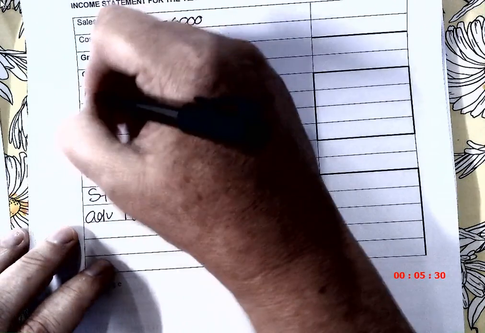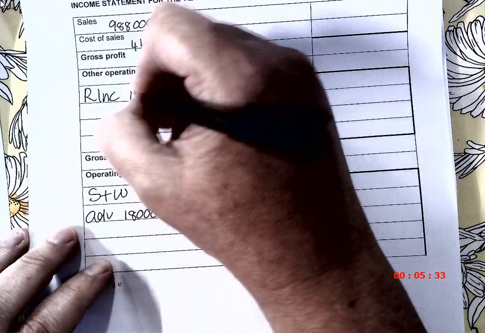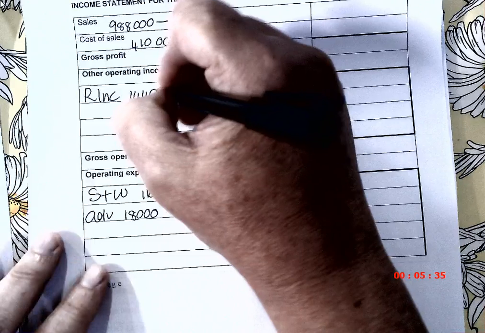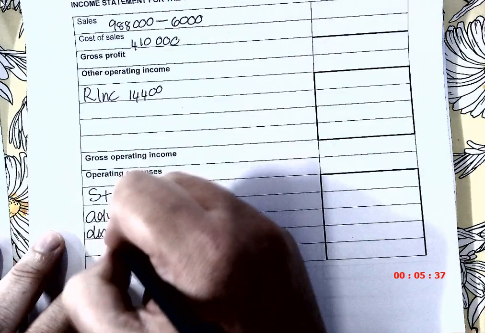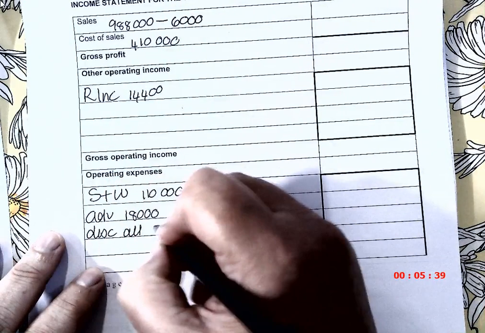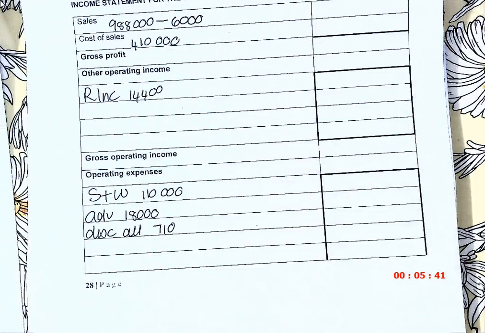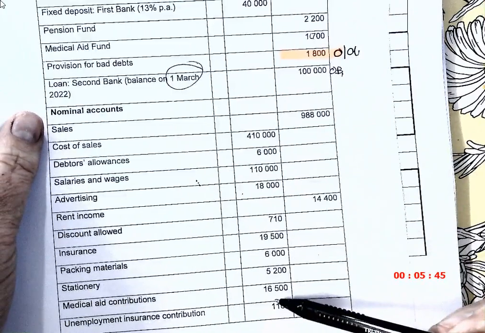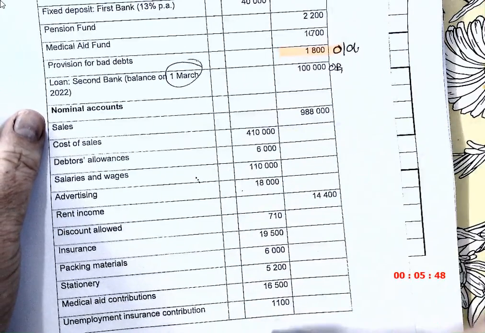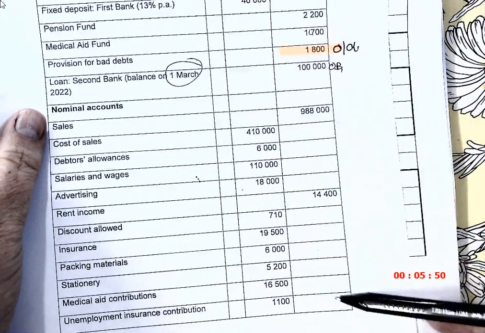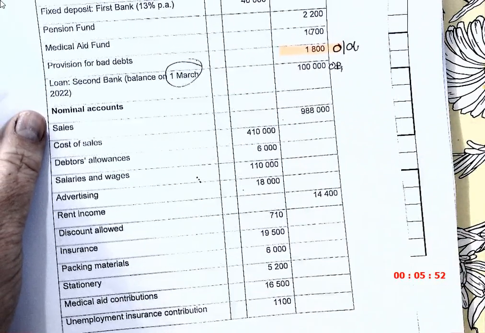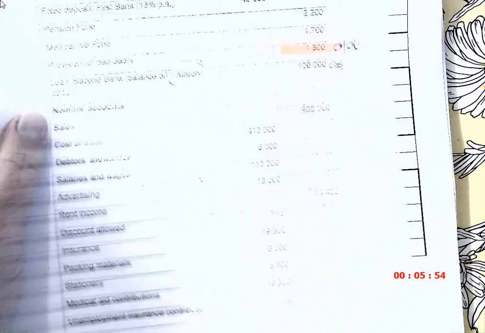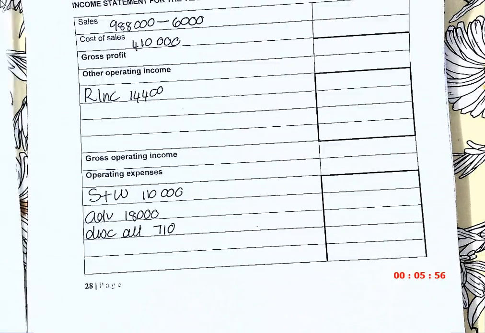Rent income, 14.4. Discount allowed. And just once again I say to you, you know what's income and expenses by just looking at the columns. They were friendly here, they gave you columns. The debits are expenses, the credits are income. The interest you separate. Just remember that.